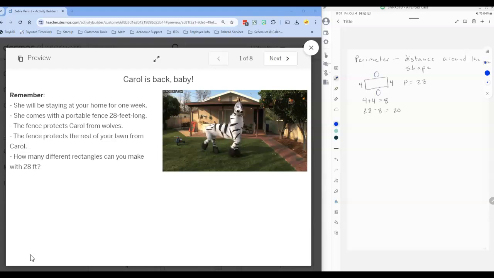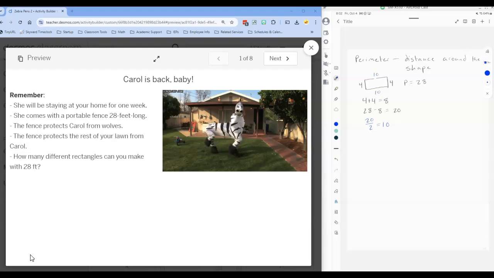And so we need to figure out what those should be. Well, we divide that 20 that's left in half, so that leaves us with 10. So each of these sides would be 10 feet, and then you can see if we add 10 plus 10, we get 20, plus 4 is 24, plus 4 more is 28.